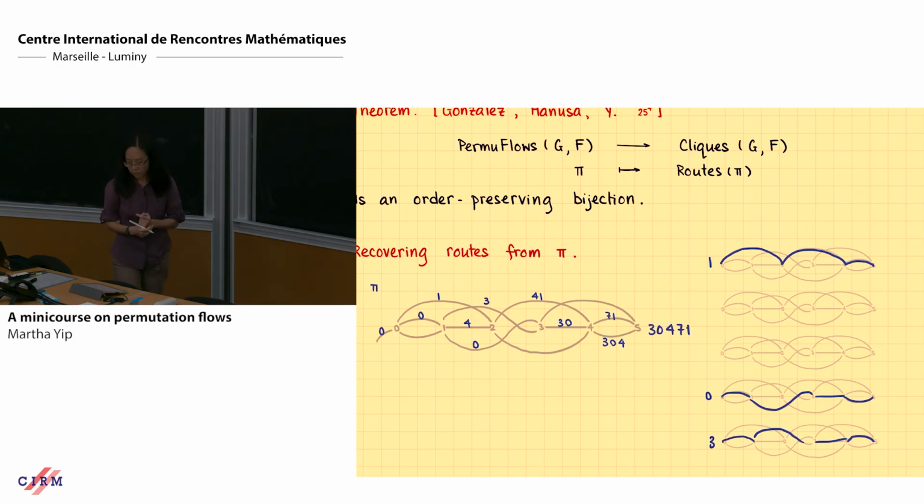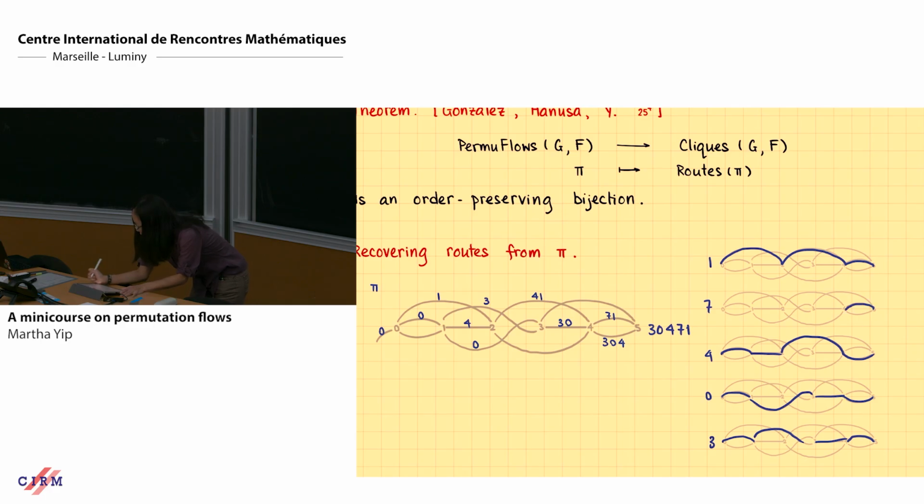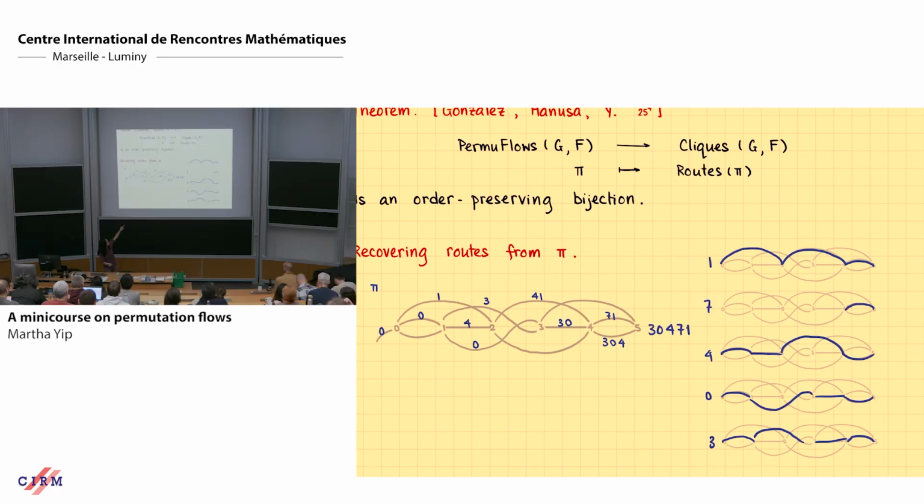That defines a route. I can do that to 4. Follow the letter 4 backwards. 4 is a direct split of 0, so it also continues that way. Okay, 7 is the fun one, because 7 is so short. It's a direct split of 4, so I follow 4 back. Now 4 ends, but we know how 4 goes, because 4 is a direct split of 0, so basically you just keep tracing back those direct splits.